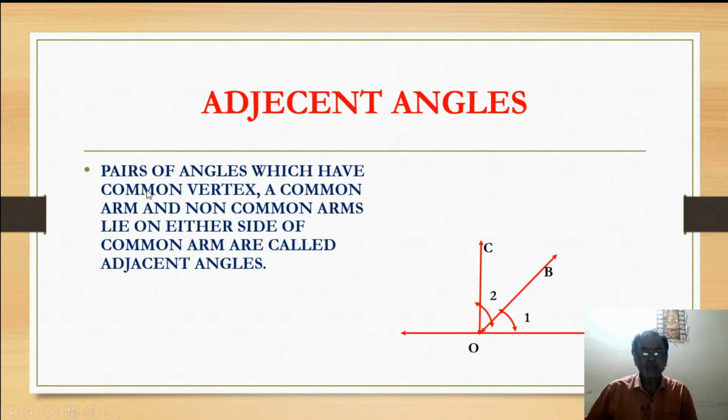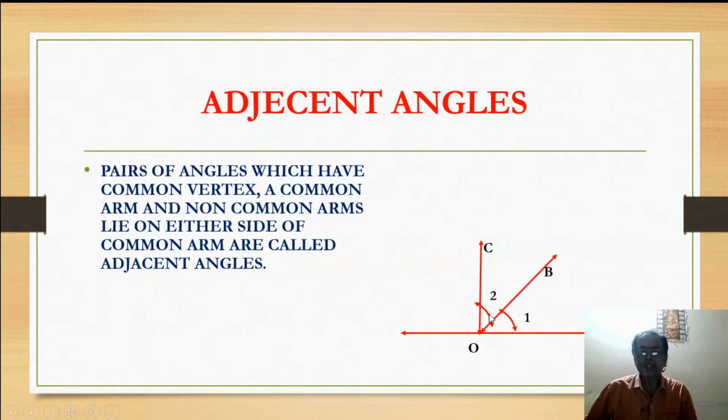Once again, pairs of angles which have a common vertex, a common arm, and non-common arms lying on either side of the common arm are called adjacent angles. So these angles must have a common vertex and a common arm, and the non-common arms lie on either side of this common arm.